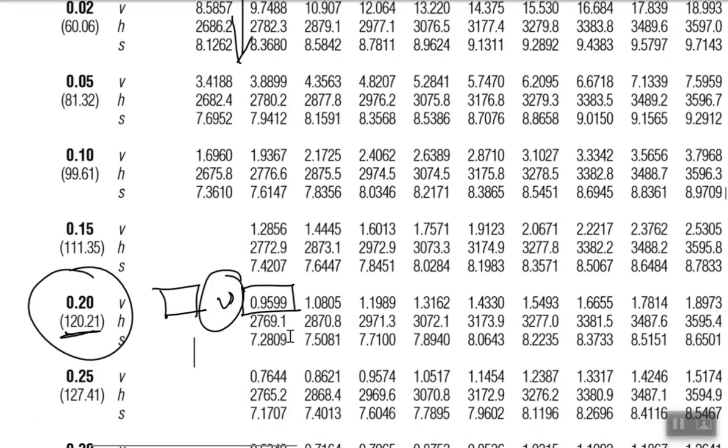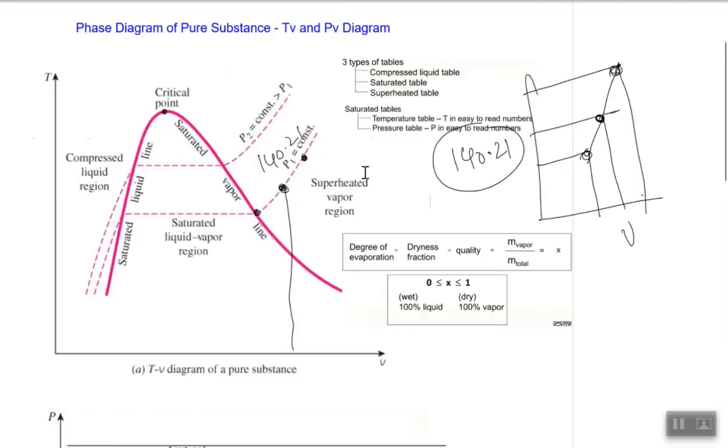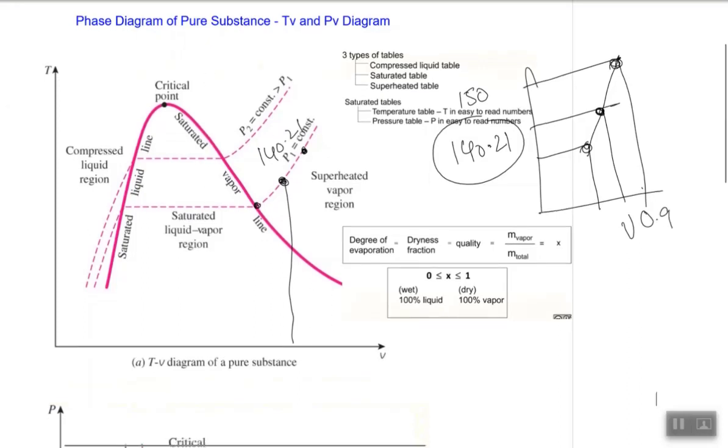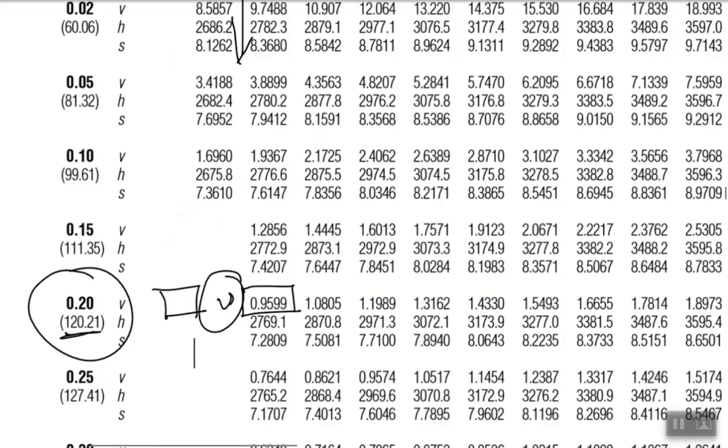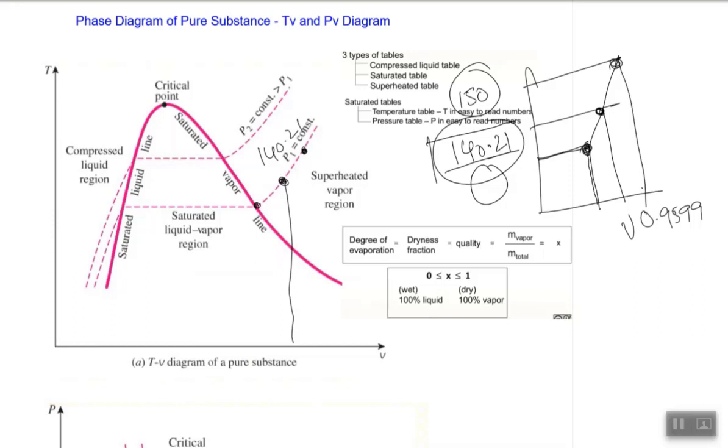At 150, the volume is 0.9599. So let me check it again, 0.9599. We need to interpolate between 150 and some other point to find the volume at 140.21.